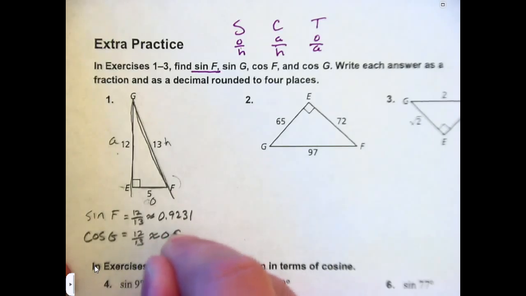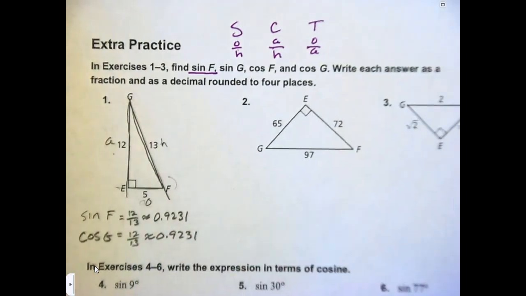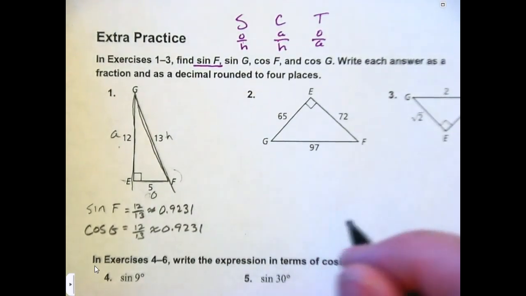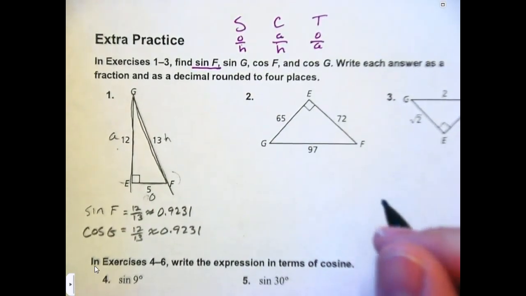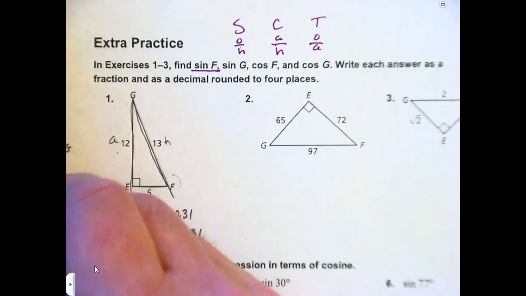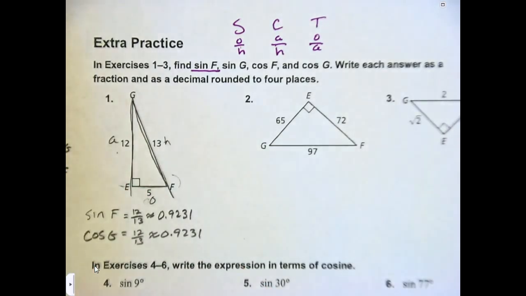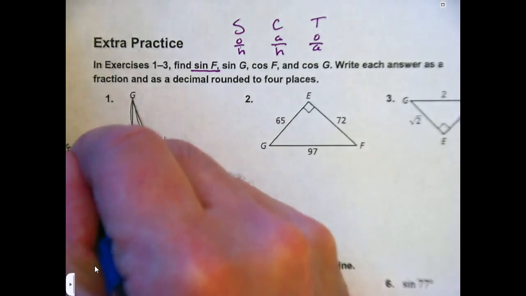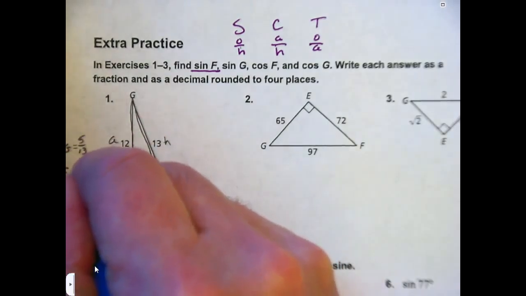So if you can utilize what we just talked about, sine and cosine being complements of each other, that'll save you some time there. That means the sine of G is going to be equal to the cosine of F. Sine of G is equal to 5 over 13, and the cosine of F is also equal to 5 over 13.